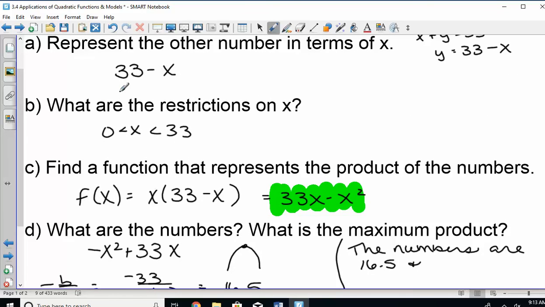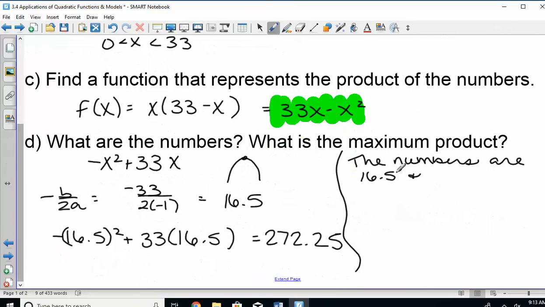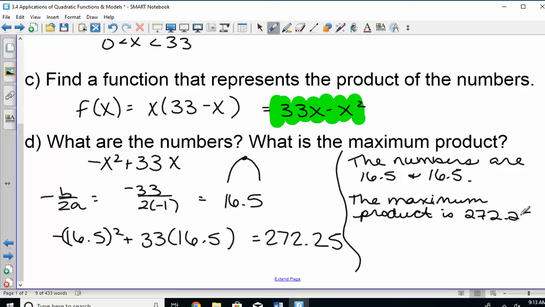So 33 minus 16.5 is 16.5. The maximum product is 272.25.